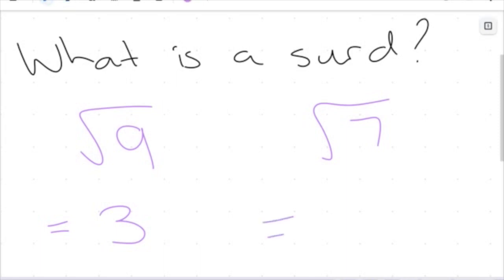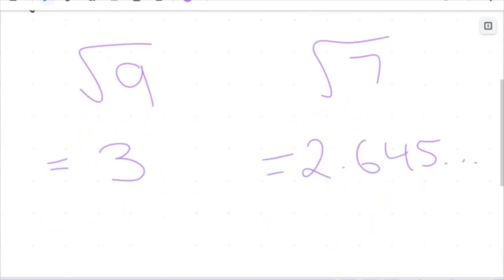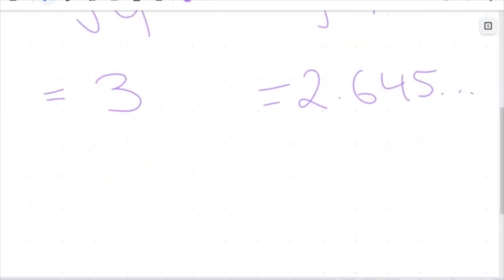What you will get is a number like 2.645, etc. And you're going to get a whole bunch of decimal places with no actual rhyme or reason to them. There's going to be no pattern that arises, and there's going to be no recurring number. There is no rhyme or reason to the decimal.